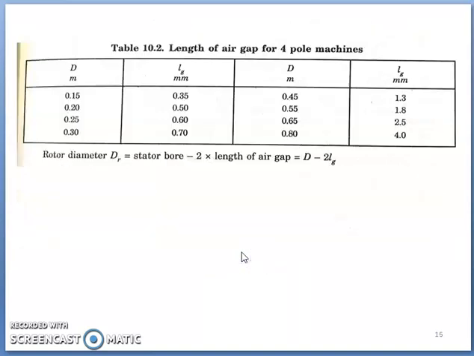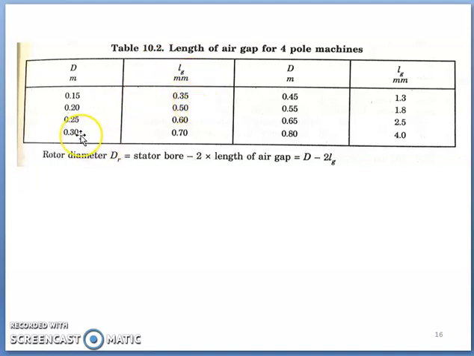Then this slide shows typical values of length of air gap for 4-pole machines. If you observe this table, for different diameter of machine, what is length of air gap? If diameter of machine is say 0.15, that is 15 centimeter, for 15 centimeter diameter of machine, length of air gap maintained is 0.35 mm.